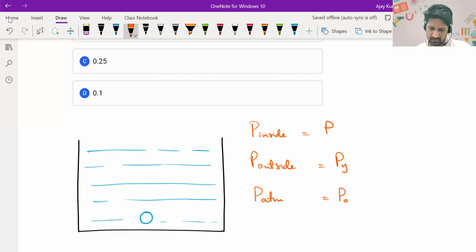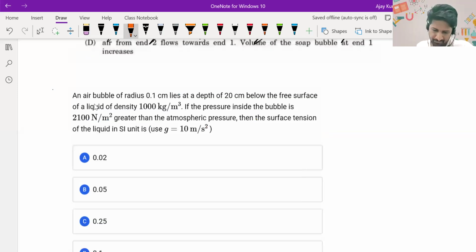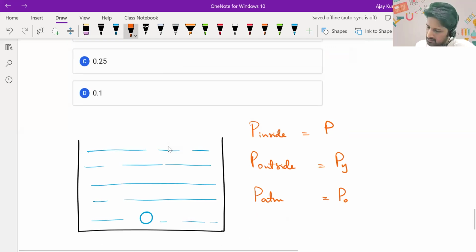Now they said that pressure inside the bubble is 2100 Newton per meter square greater than atmospheric pressure. So pressure inside the bubble is P naught plus 2100 pascals. They're all in SI units, so I'm not writing the unit.